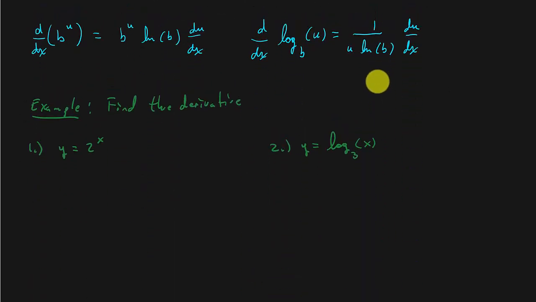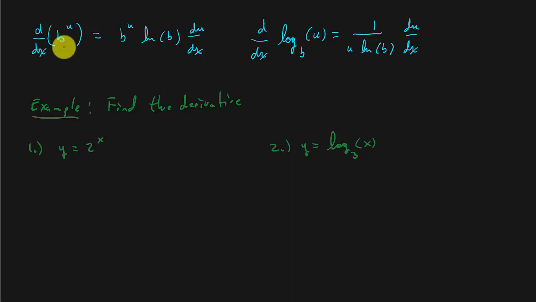All right, so we've learned how to find derivatives of e raised to a power, and we learned how to find derivatives of natural log. Well, what if the base is not e? What if it's log with any base? Here are your formulas.